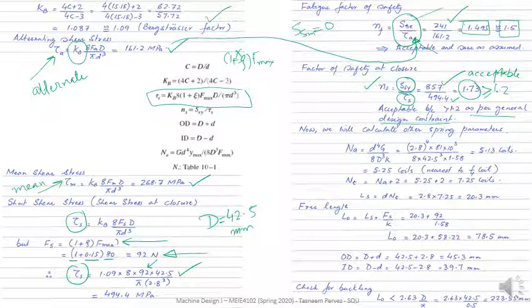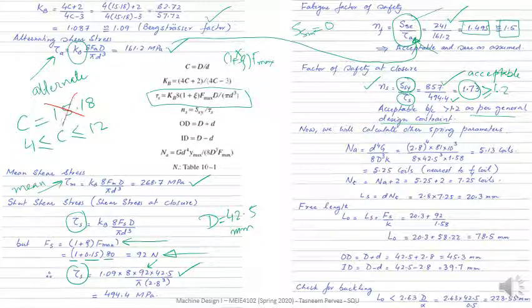Now remember, what is the value of C that we got? C came as 15.18, right? Does this satisfy this condition? The answer is that it does not satisfy this condition.